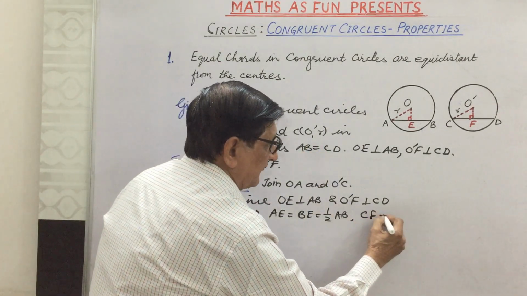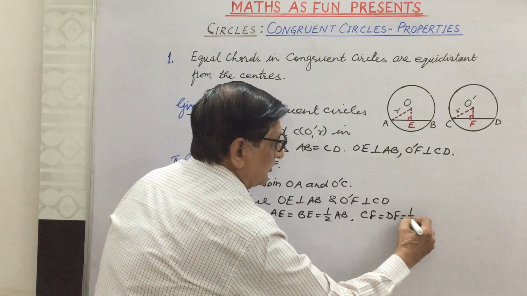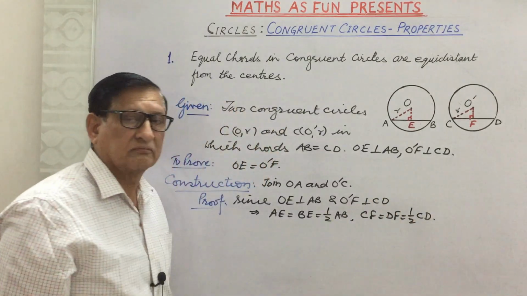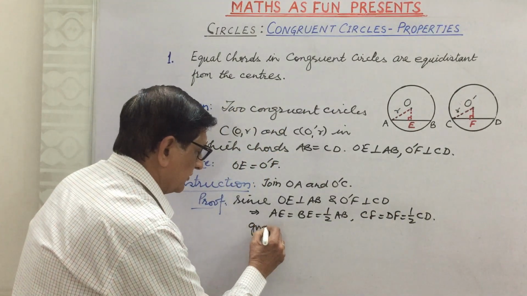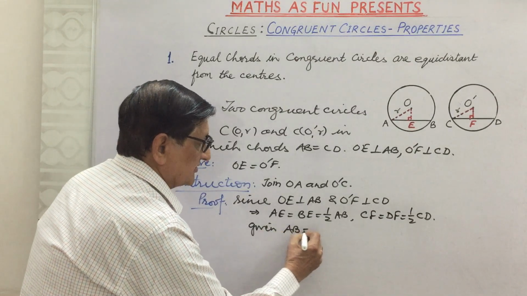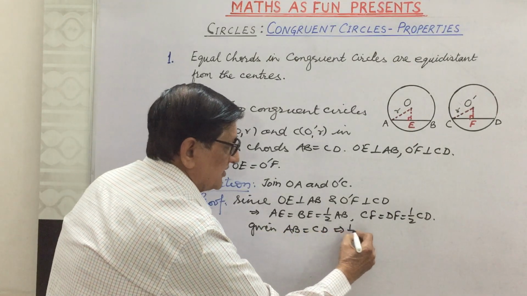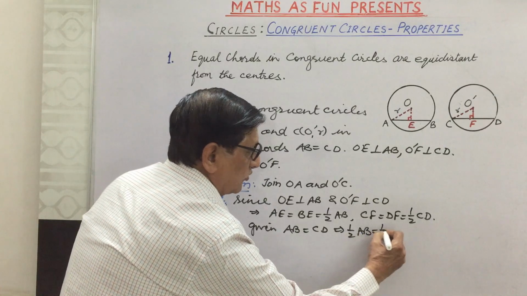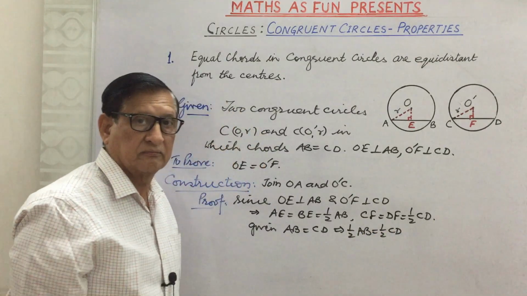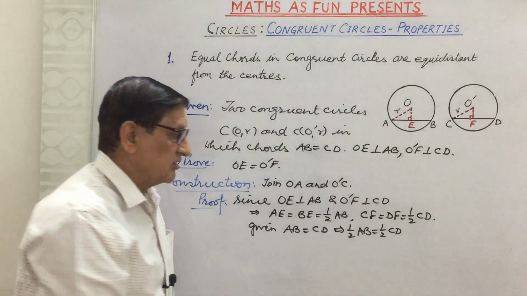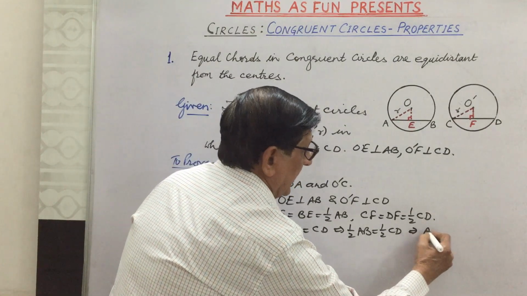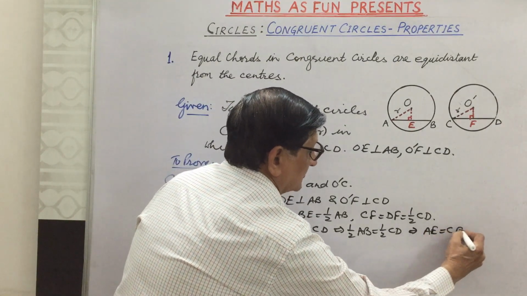Similarly, CF is equal to DF is equal to half of CD. And we are given that AB is equal to CD. It means half of AB is also equal to half of CD. This implies that AE is equal to CF.